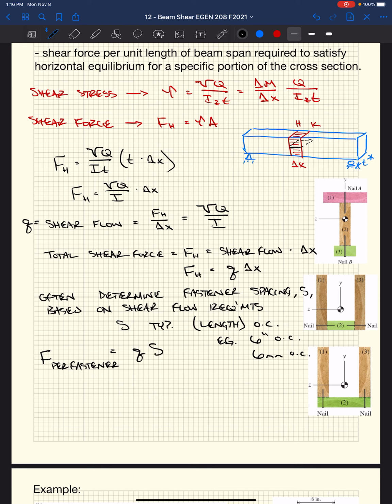Shear flow is a force per length: kips per inch, pounds per inch, newtons per millimeter. Then we would have some spacing to our fasteners, nails or bolts, and multiplying our shear flow by that fastener spacing, we would get how much force we need to carry in each one of these nails.